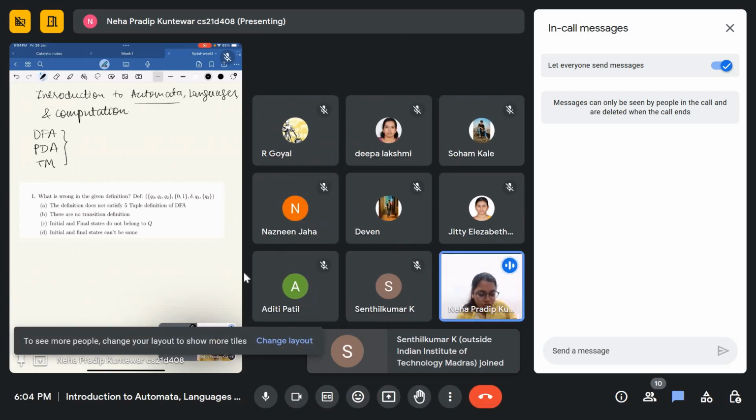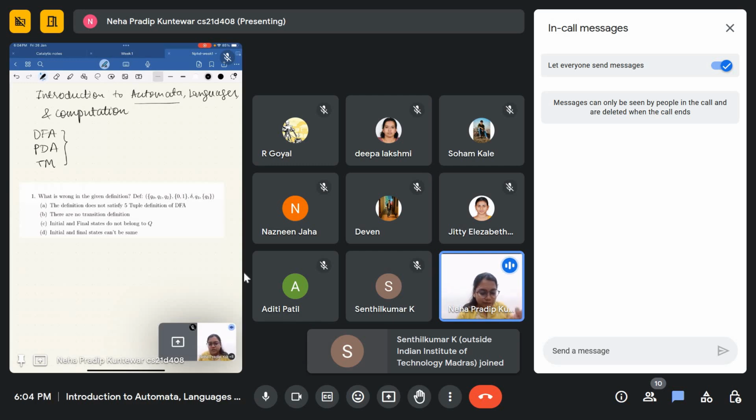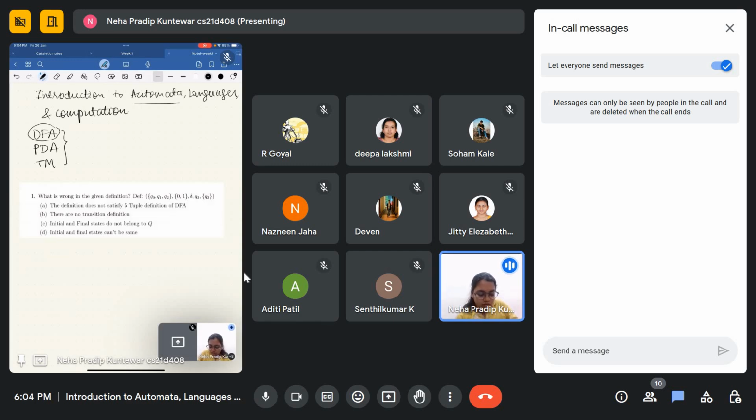And to start with, we will start with the simplest of models, that's called the finite automaton or DFA.